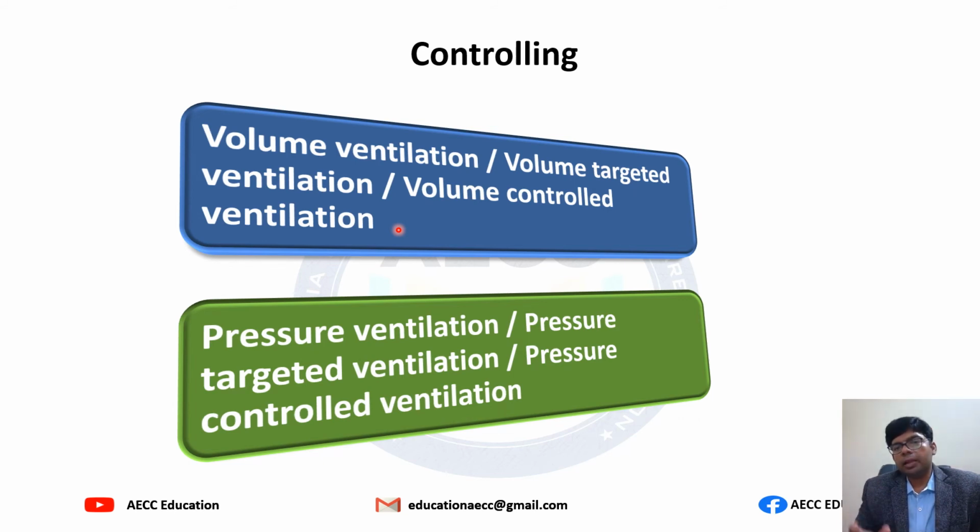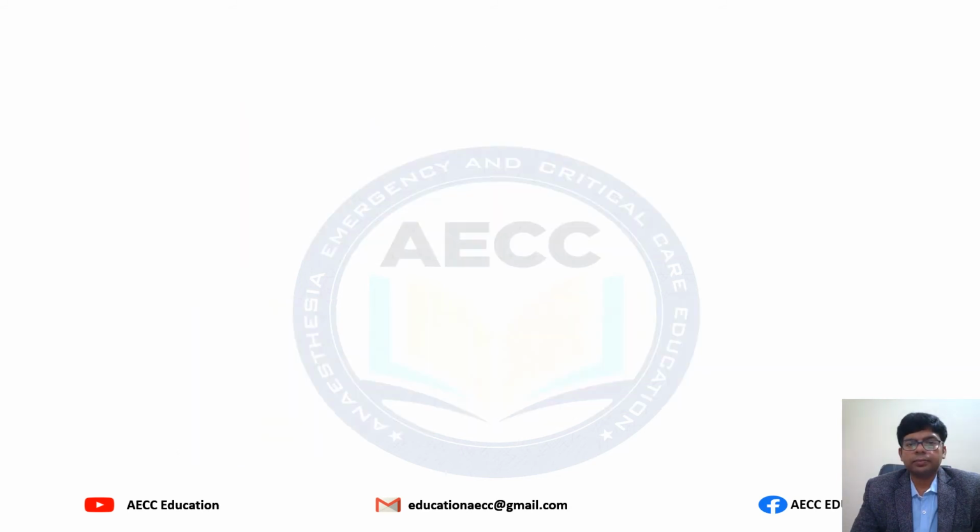Hence, the common methods of delivering inspiration are volume ventilation or pressure ventilation. Volume ventilation is also known as volume targeted ventilation or volume control ventilation. Pressure ventilation is also known as pressure targeted ventilation or pressure control ventilation.